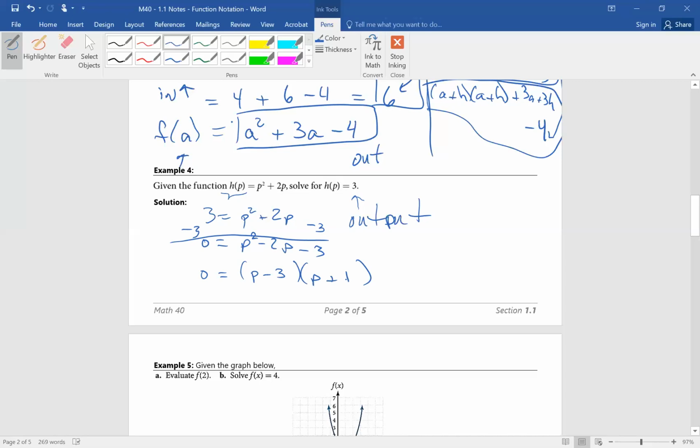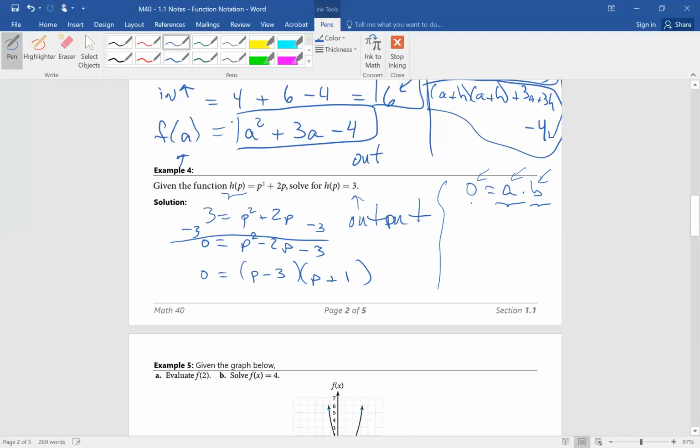Now, for those of you that don't remember, there's what's called the zero product rule. So if 0 equals some quantity a times b, for that thing to equal 0, either a has to be 0, so 0 times whatever, it doesn't matter what's here, equals 0, or b has to equal 0, and 0 times a, whatever a is, would equal 0.